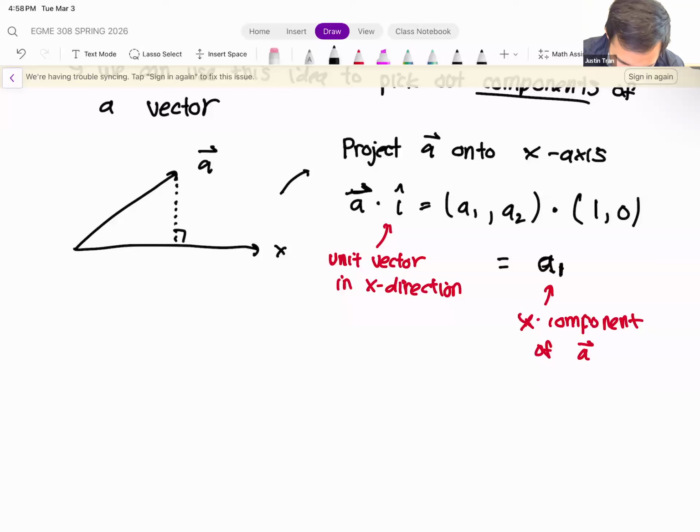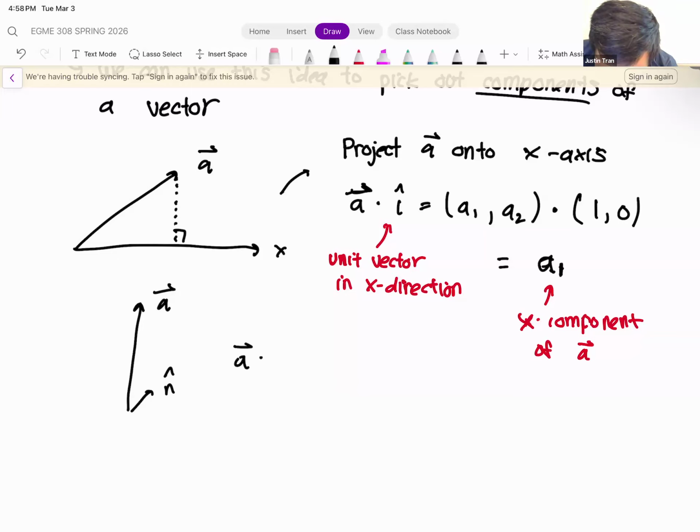Let's say that we have some unit vector n hat, and we have our vector A, and we want to find the component of A that's in the same direction as n. So we want to perform a projection once again.